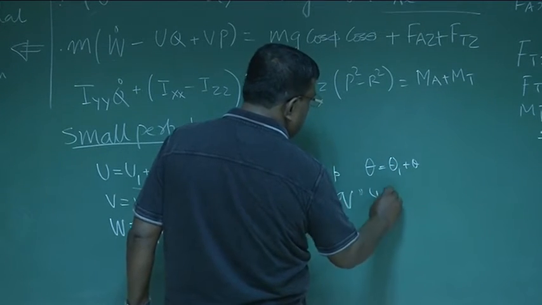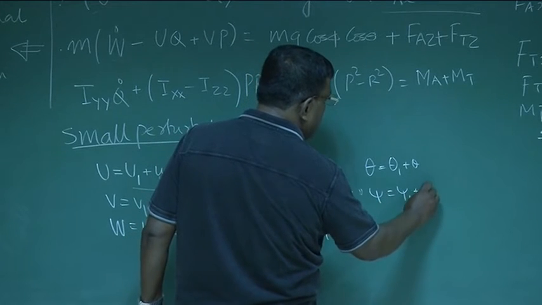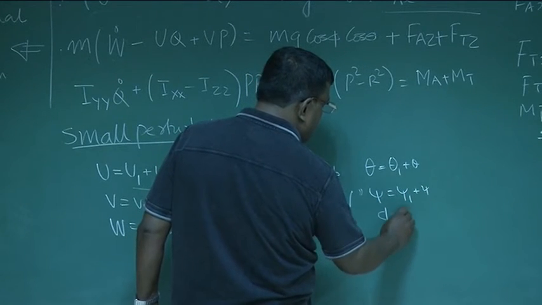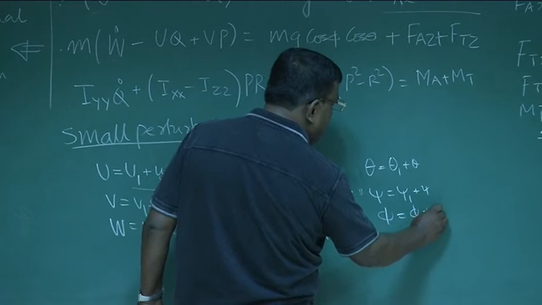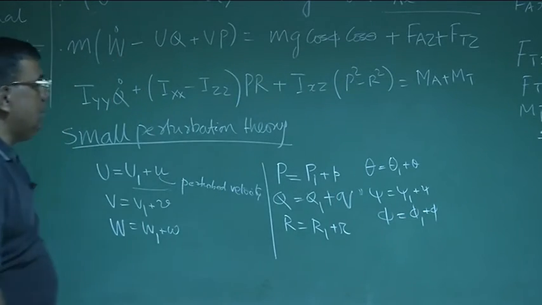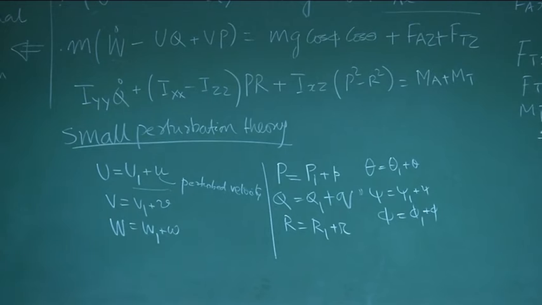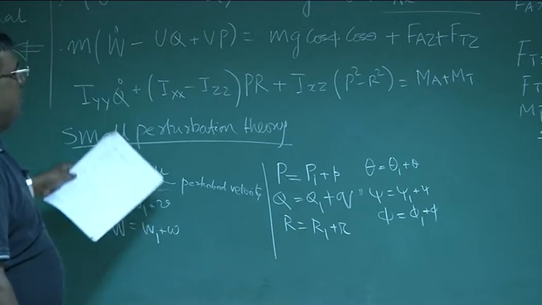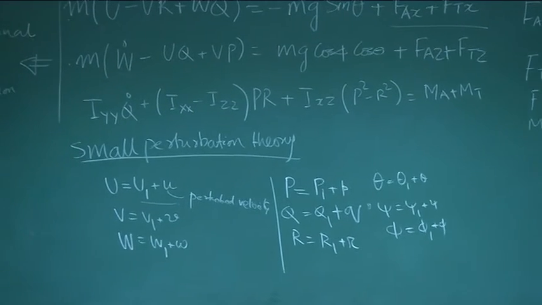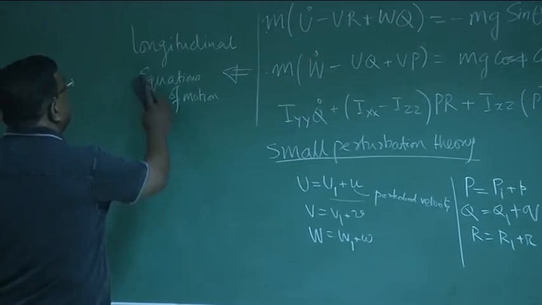Then psi equal to psi 1 plus small psi, and phi equal to phi 1 plus small phi. All the small quantities, PQR, UVW, theta psi phi, are to be understood as perturbed quantities. Now we'll substitute this in this equation and see how our equation of motion for the perturbed case develops.